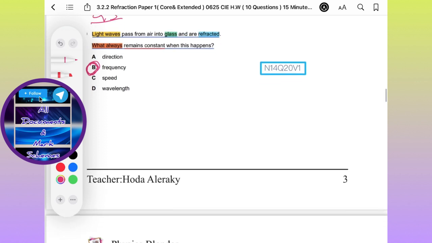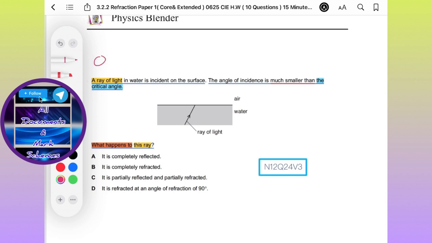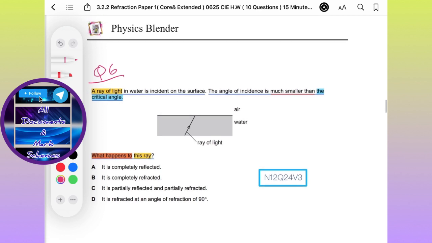Okay. Question 6. A ray of light in water is incident on the surface. The angle of incidence is much smaller than the critical angle. Since the angle of incidence is smaller than the critical angle, normal refraction takes place. So what happens here? The ray will be completely reflected? No, no total internal reflection. Completely refracted? It's refracted at an angle of refraction 90, which means at the boundary?